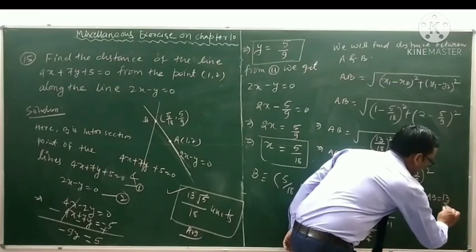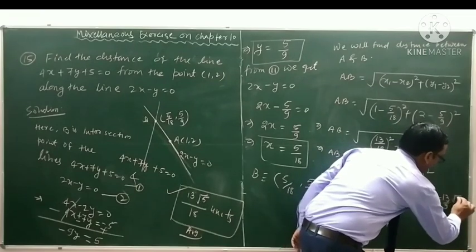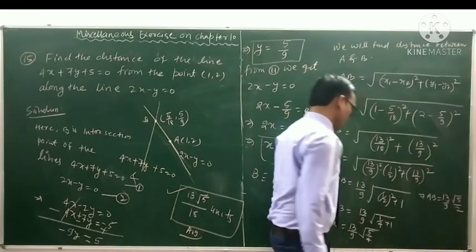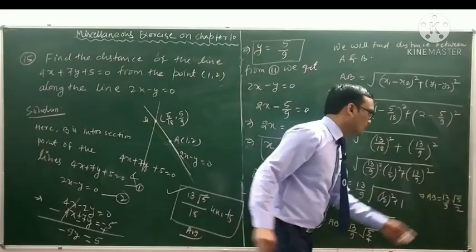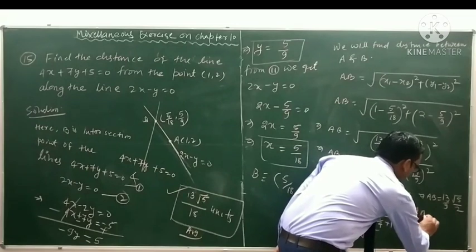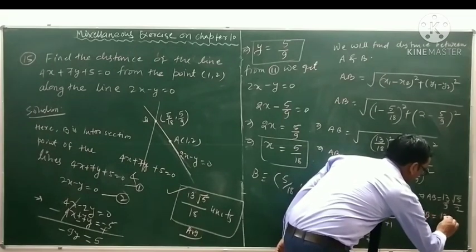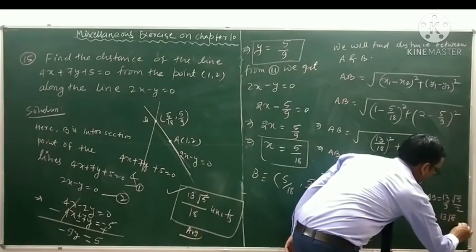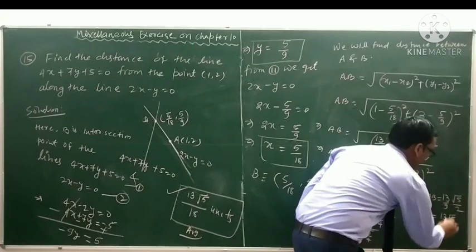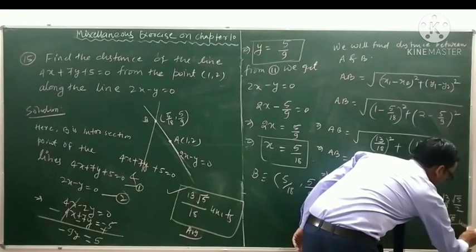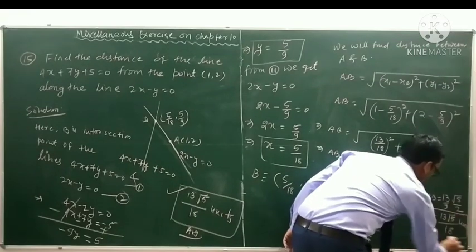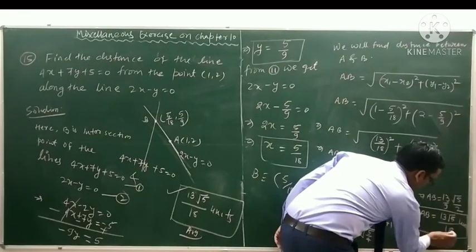Square root of 4 is 2. This implies AB equal to 13 square root 5 upon 18 units, which is your answer.